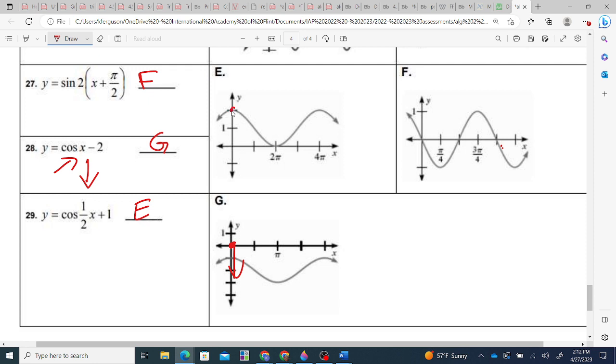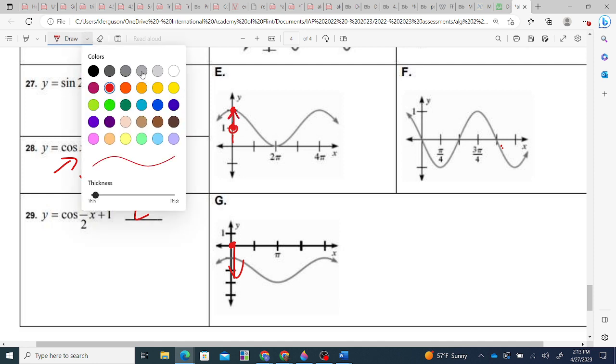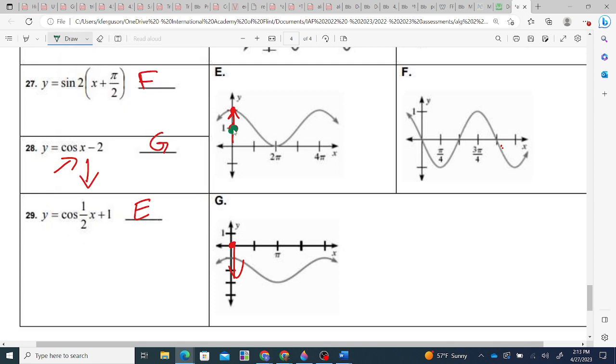So its cosine is supposed to start at the high point, but it moved up 1. It was supposed to start here, and it started there. And then the frequency is 1/2. Frequency being 1/2 means the period is 4 pi.